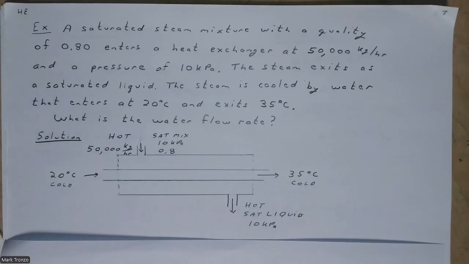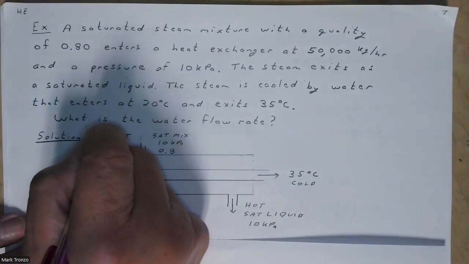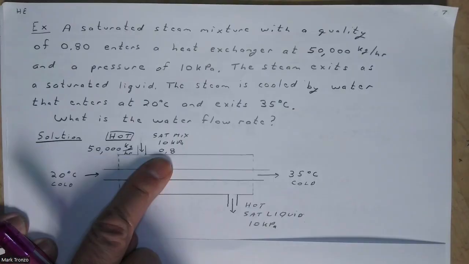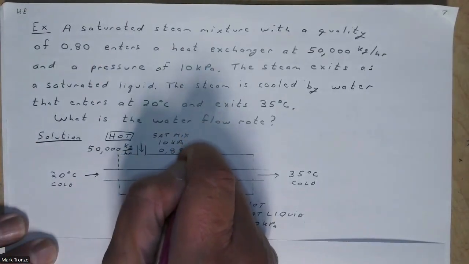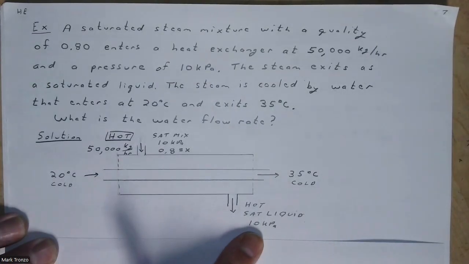Again, we'll have a picture of something like this. We have our hot fluid going in. It's a saturated mixture at 10 kPa, and the quality is 0.8. That's, of course, going to be our x value, and it's exiting as a saturated liquid.